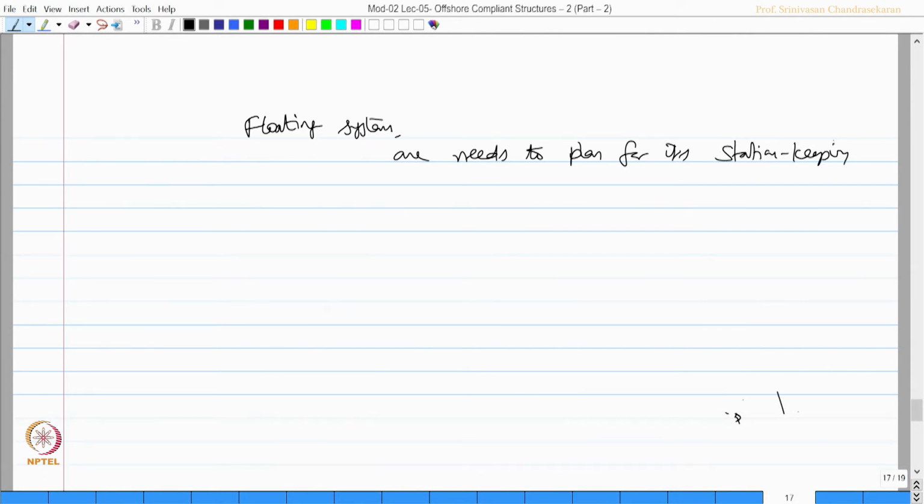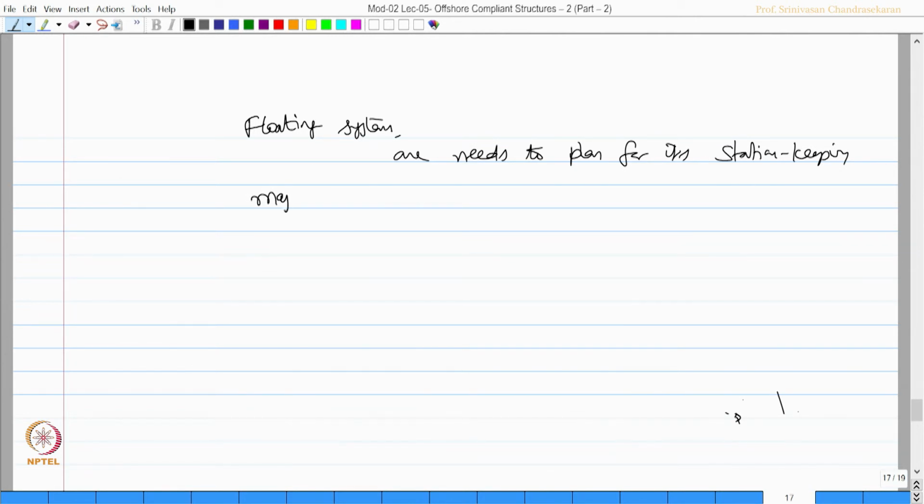So, as we all agree now, if you are deploying a floating system, one needs to plan for its station keeping during drilling and production.